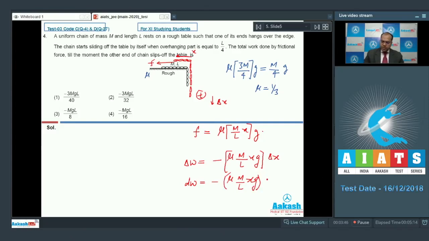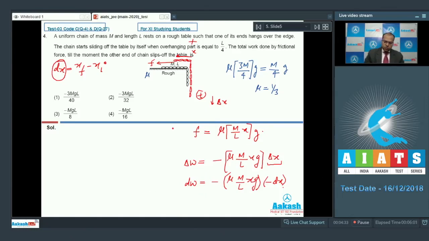This delta x is replaced by minus differential x, final minus x initial. We are measuring x from here. The final length of the chain on the table is less than the initial length, so dx itself is negative. So I am writing delta x is equal to minus dx, as delta x is a positive quantity.